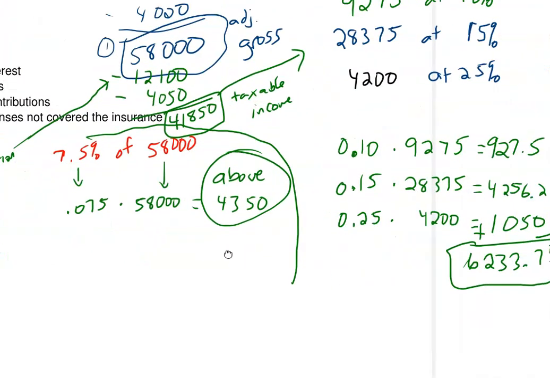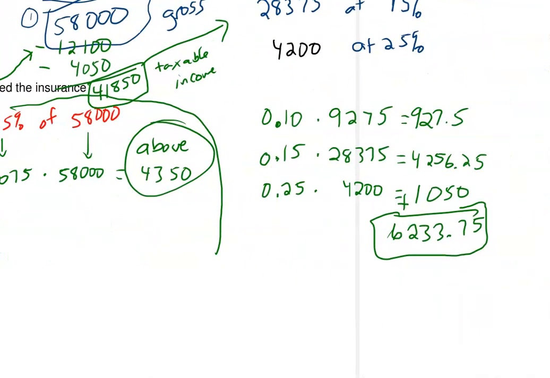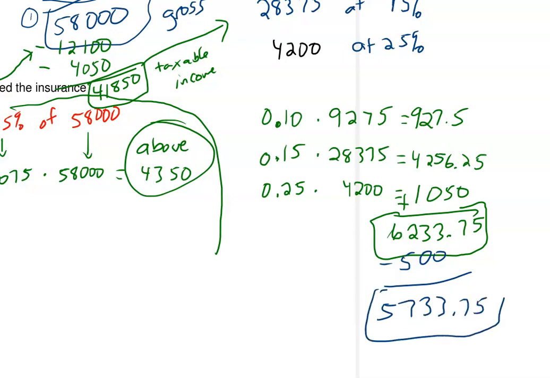And so $500 tax credit, we will subtract that off of this, and we end up with, so minus $500, we get $5,733.75. So that is how much taxes she will owe, taking into account that tax credit, which I admittedly forgot about.